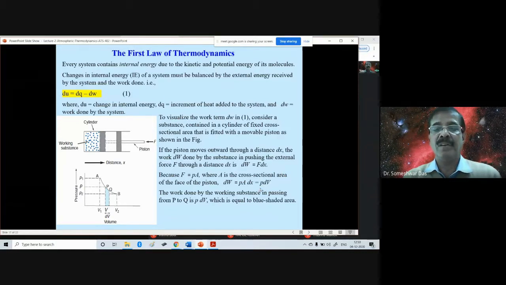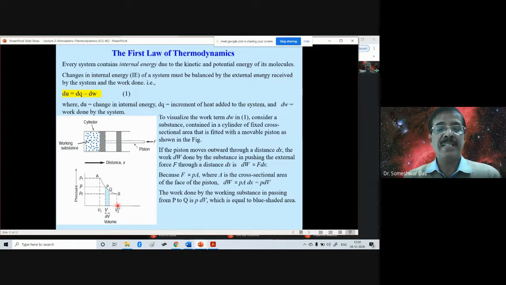Now the work done by the working substance, let us say fluid, in passing, let us say in this diagram, you have got the pressure shown in the y-axis and volume shown in the x-axis.